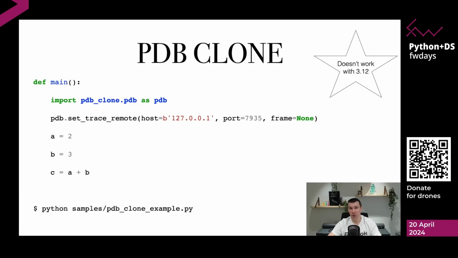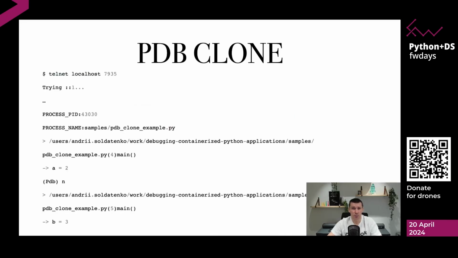It's like the original PDB with a few modifications, and one of the modifications allows you to set trace remote with host and port, and put your debugging line in your source code and run it.